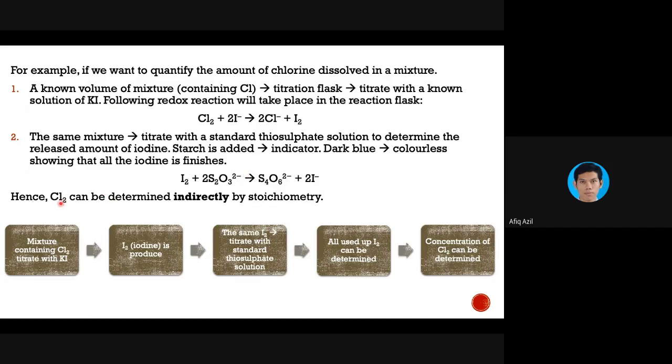This can be considered an indirect titration, so it is not straight away. You have to do 2 titrations in order to get the concentration of your analyte, which is the chlorine.